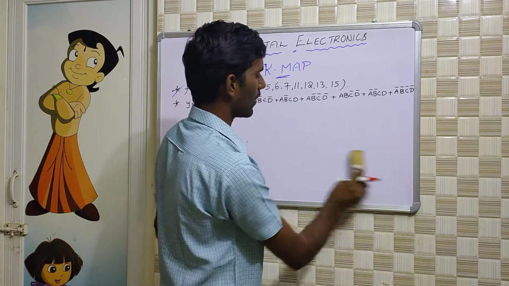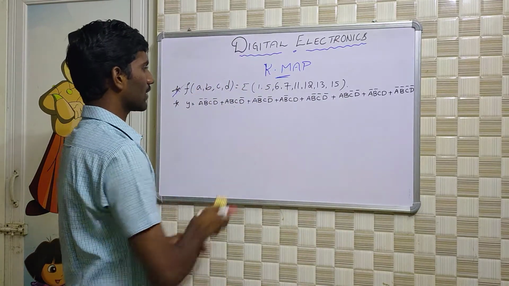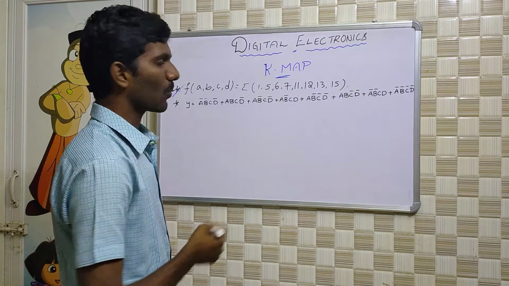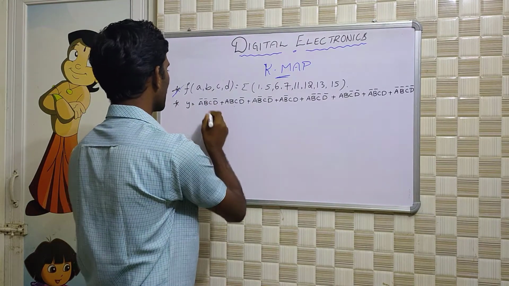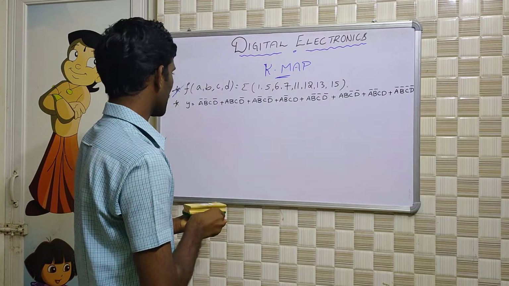This answer can also be obtained from the Boolean properties and theorems reduction techniques. So the next one is A bar, B bar, C, D bar.